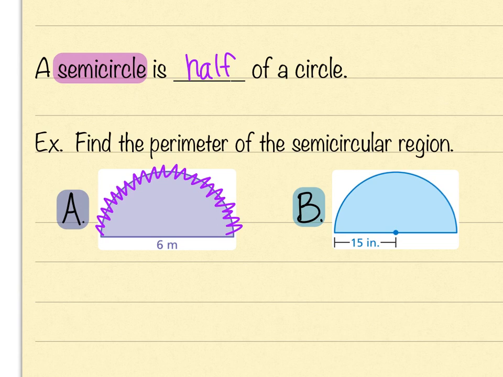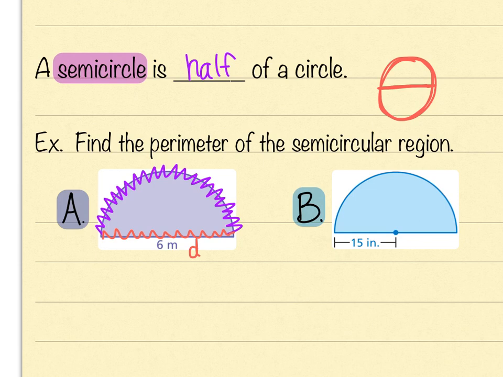However, because the center of the circle is now exposed, meaning it's on the outside, and in a regular circle we just worry about finding the distance around it, we don't have to go across it. But since it's on the outside now, we are going to have to add this dimension back in. And by the way, that dimension I just highlighted red is the diameter of the circle, and they're giving us that to be 6 meters.